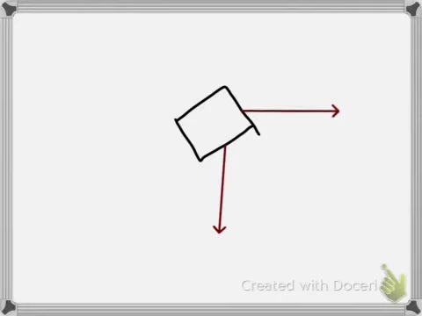If we had a free body diagram, we would have our box, we would have gravity going down, we would have two forces going up, one force to the left, one force to the right. So I know gravity goes down.